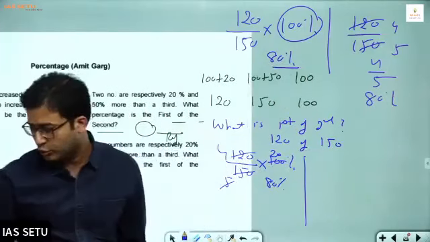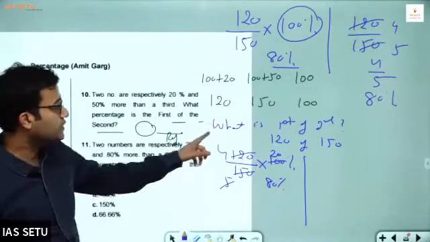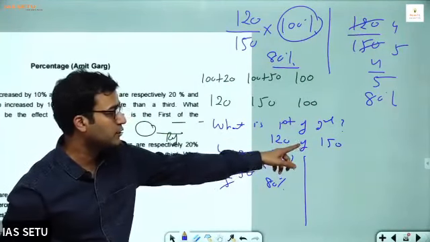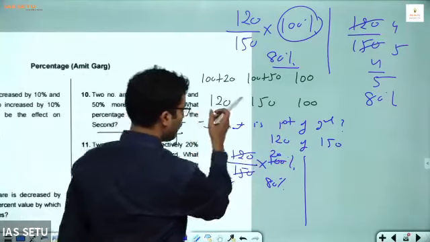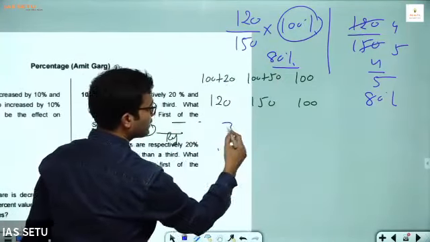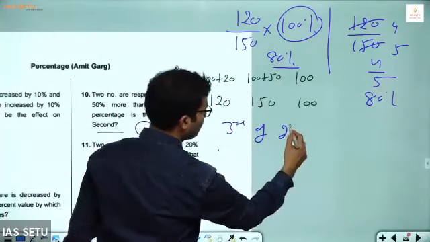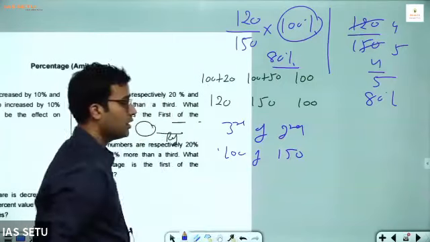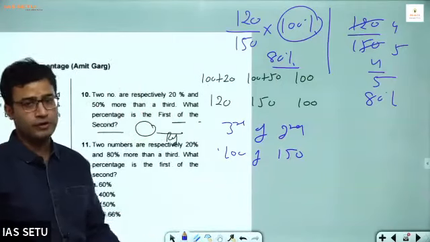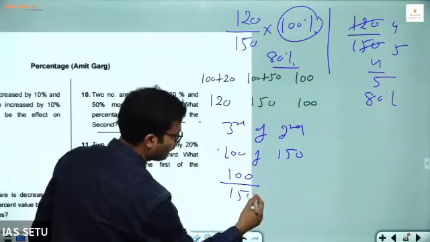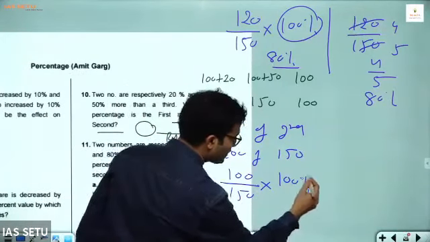Let me take 1 or 2 questions, you will understand. It is asked what percentage is the first of the second number. 120 is 80% of 150. Now I take the second question: what percentage is the third of the second number? 100 of 150 means 100 out of 150. School calculation is 100 upon 150 into 100%.